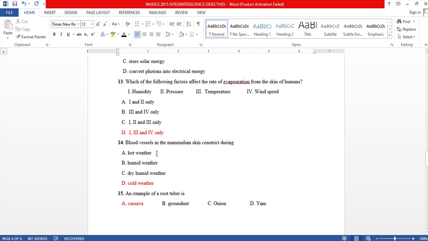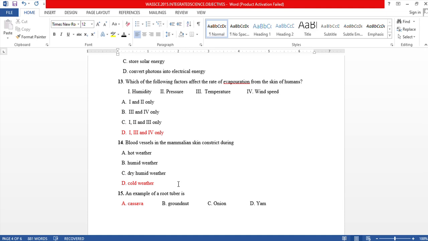So the body tries to make certain changes in your system so that you can contain heat in your system and not lose heat. One of the things the body does is to make your blood vessels constrict or shrink. They go deeper into your body so that they are not at the surface to lose heat easily. So one of the observations is that usually, not all the time though, during cold weather conditions, you don't see much of your veins.